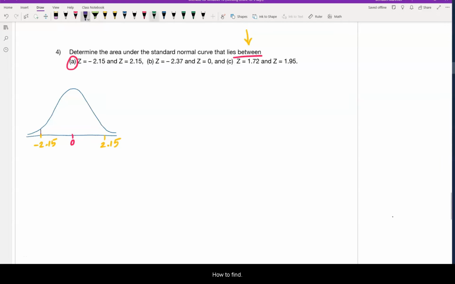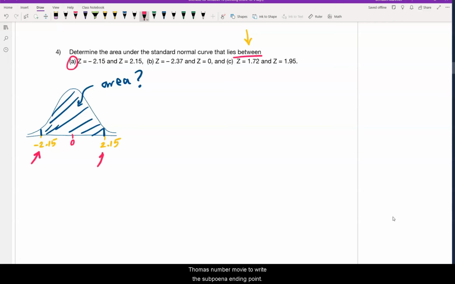Here we have to find area between these two z-scores. So in this case, starting from left, here we have this number, moving to right, this is the ending point. So whenever you have between, you're not going to use negative infinity or positive infinity, because we don't have anything on this part or on this part.